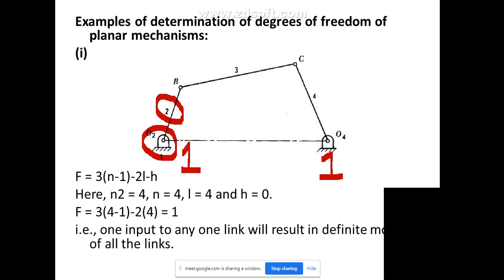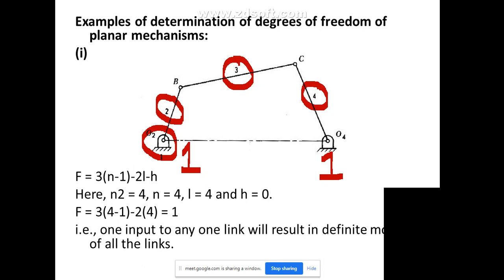Then B to C we take as link number 3, and C to O4 we take as link number 4. So 1, 2, 3 and 4.